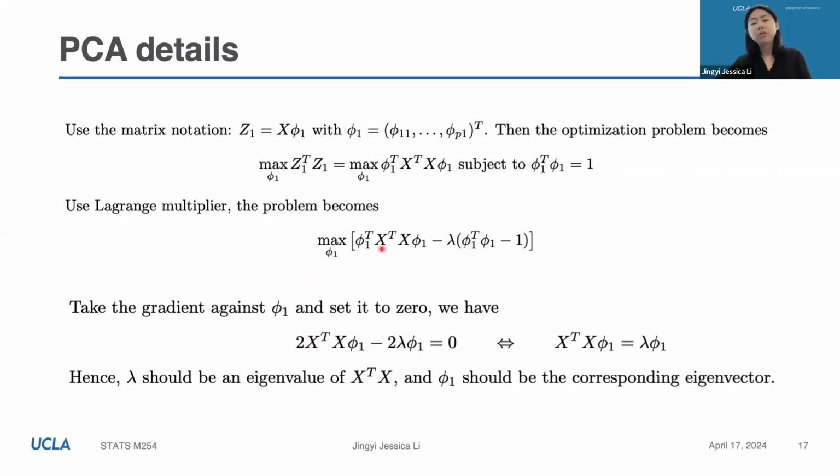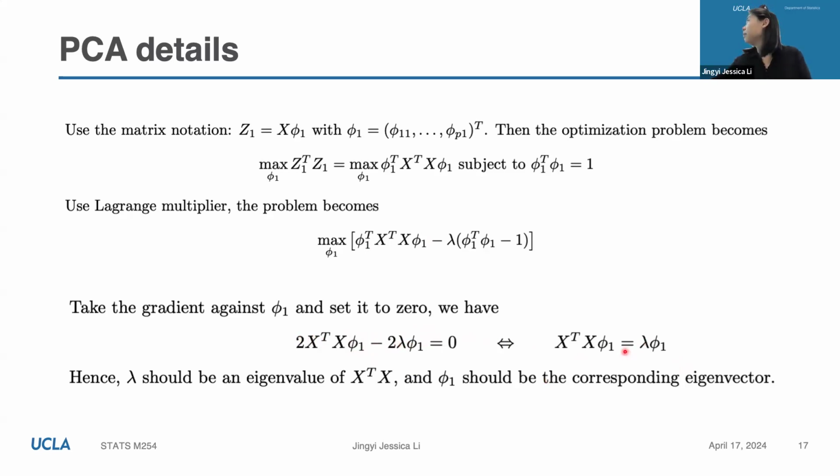So we know the result is 2 times this thing times phi 1, because you have phi 1 on the left side and on the right-hand side. Once you take the gradient, you get a 2, and you only keep the right one. And for this one, you get 2 lambda times phi 1, and this constant becomes 0 once you take the gradient. When you set this to 0, you move the term to the right-hand side, rearrange the terms, and cancel 2.